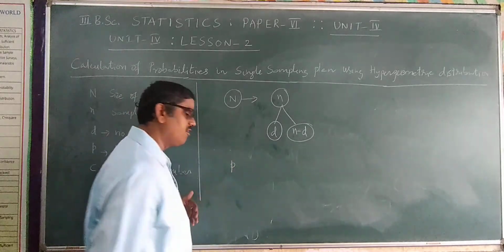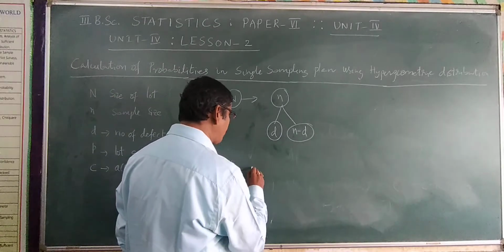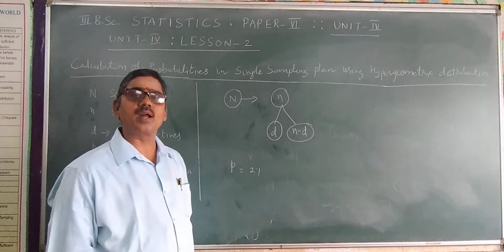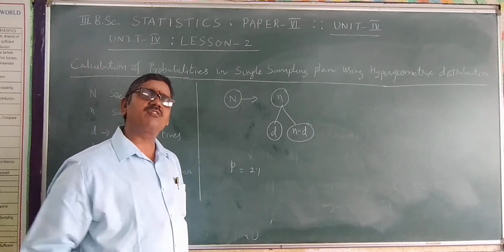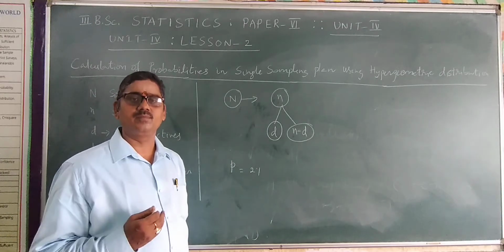Small p is the fraction defective. For example, I consider 2%, it's a probability, a fraction, a percentage. 2% means 2% of defective items are produced in the production process.